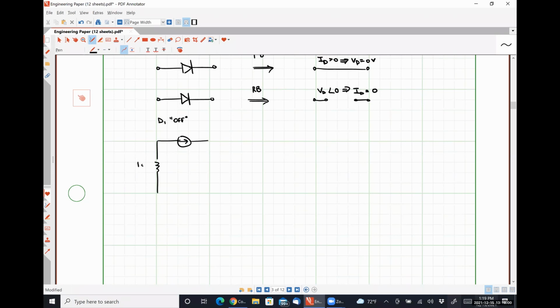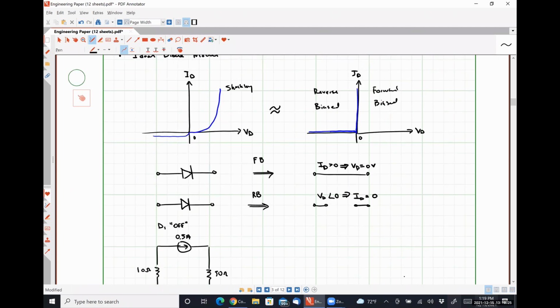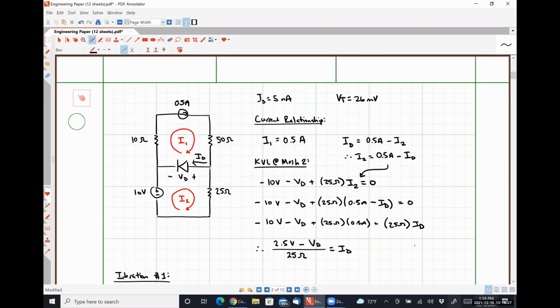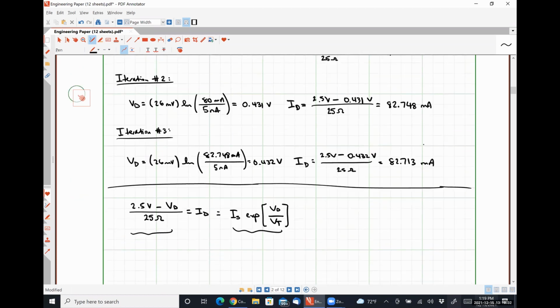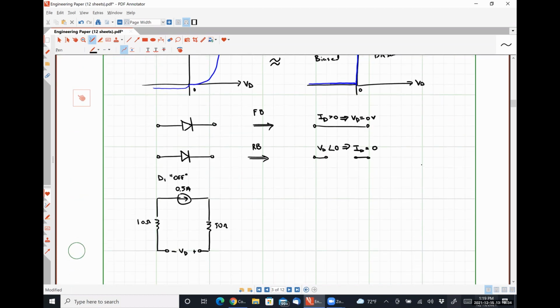So we'll have 10 ohms, half an amp up here. 50 ohms goes here. Our diode voltage will always have the polarity to where the positive terminal is on the anode side, and then the negative terminal is on the cathode side, always, always, always.